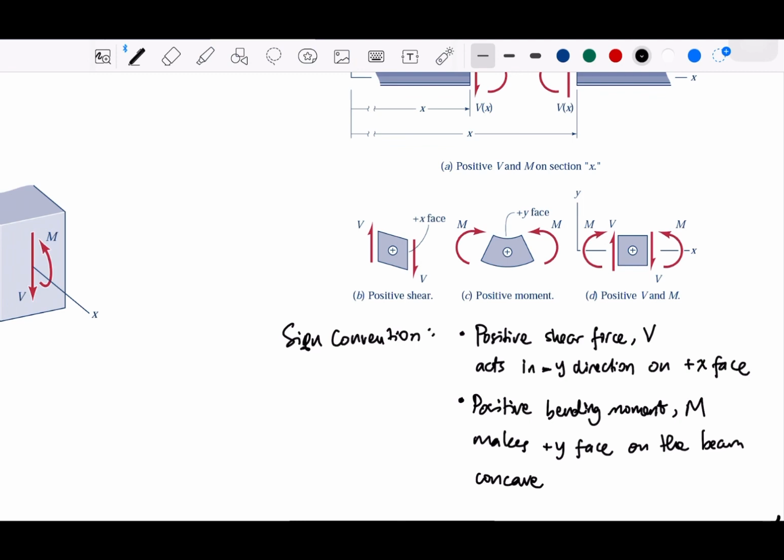This means this is a positive moment, making this concave. And this is the positive shear, and then as a conclusion, positive will be making these two sides of internal forces you see.